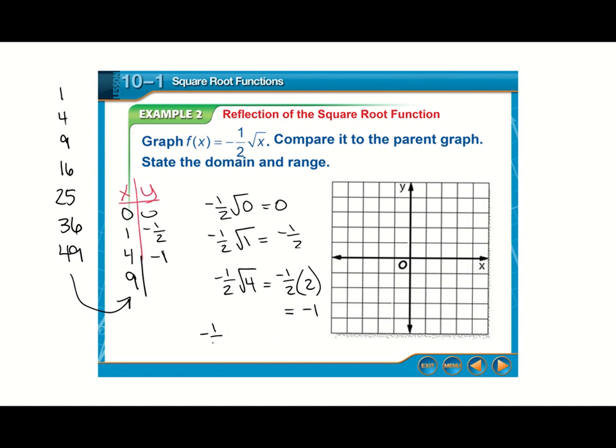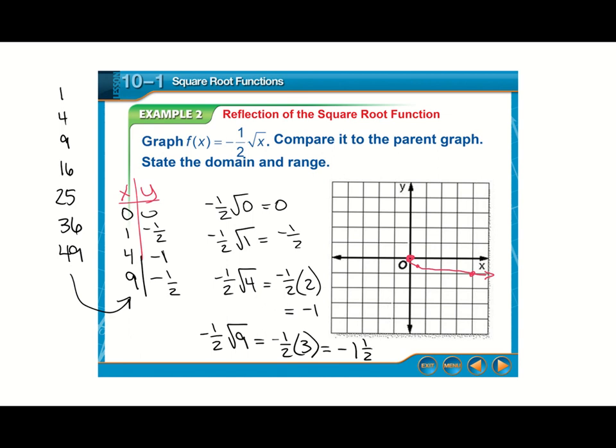And -1/2 times the square root of 9 would be -1/2 times 3, which is -1.5. Okay, so let's plot all those that we can fit on this graph. I've got 0, 0, 1, -1/2, so that's about right there, 4, -1. That's as much as I can fit on this graph, so it looks like that.